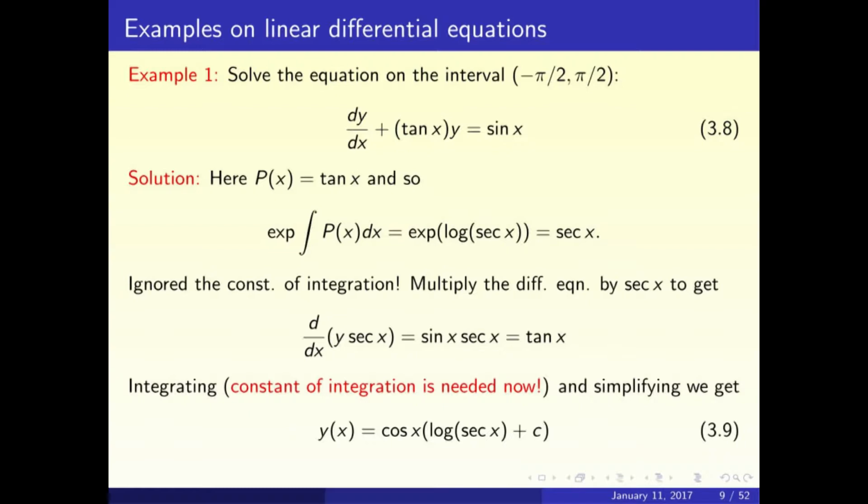So now what is the next step to do? Multiply the differential equation 3.8 by whatever we have just obtained, namely secant x. What happens to the differential equation? 3.8 becomes secant x dy by dx plus secant x tan x y. That's the left hand side. But that is exactly the derivative of y secant x. That's the next display in the slide.